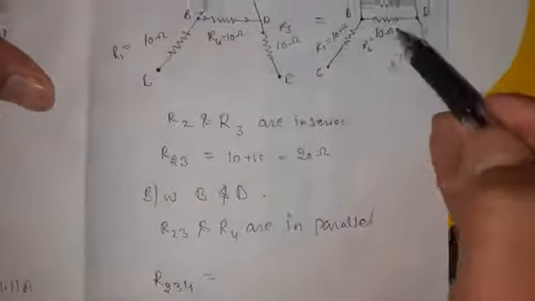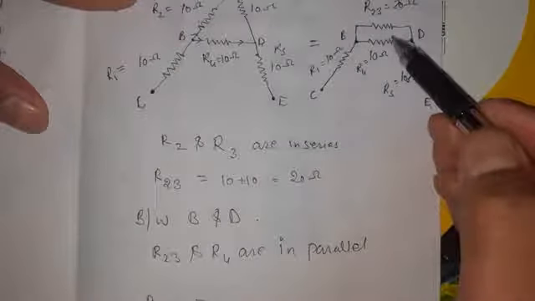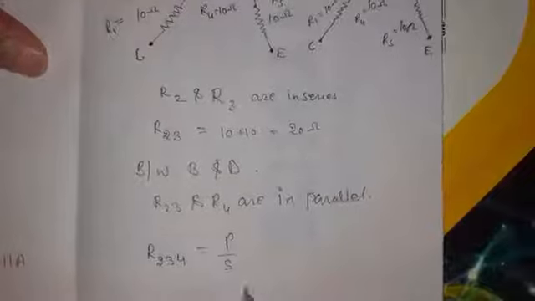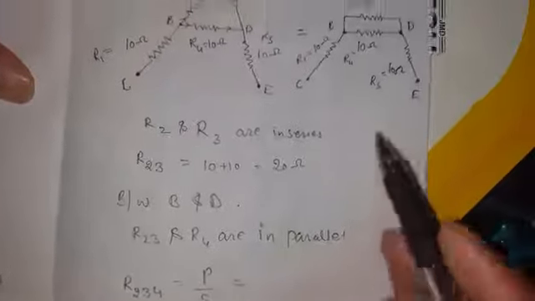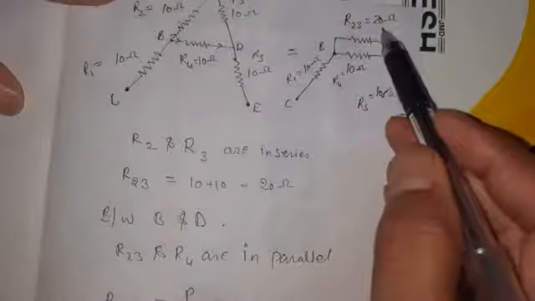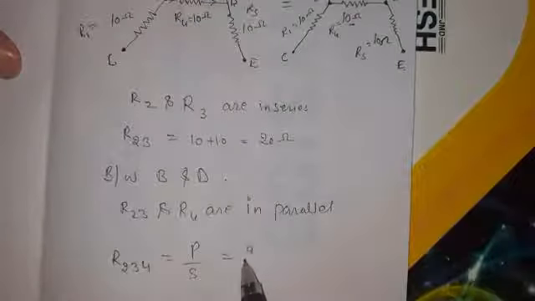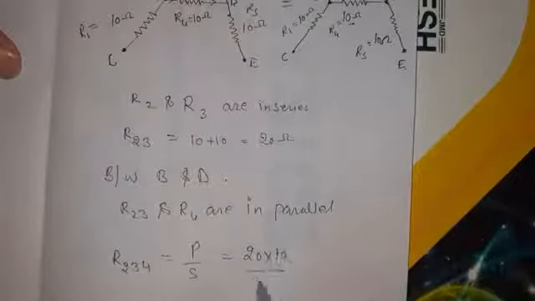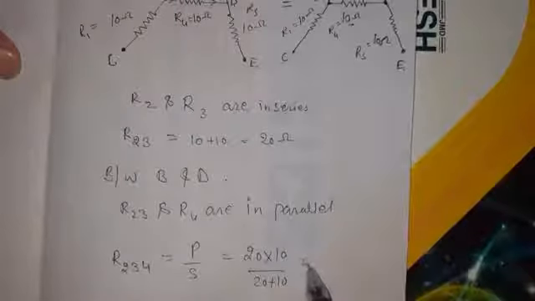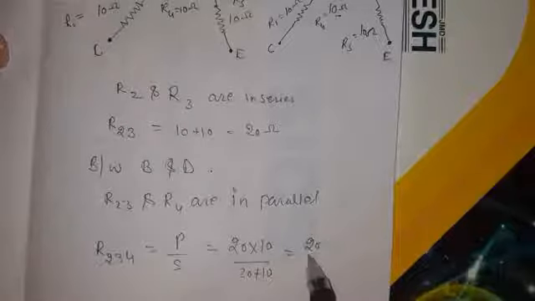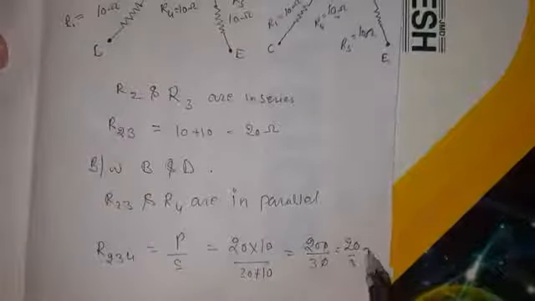There are only two resistances in parallel, so it is the direct formula, product upon sum. One is 20 ohm, while the other is 10 ohm, so it becomes 20 into 10 upon 20 plus 10, which is equal to 200 upon 30, or 20 by 3 ohm.